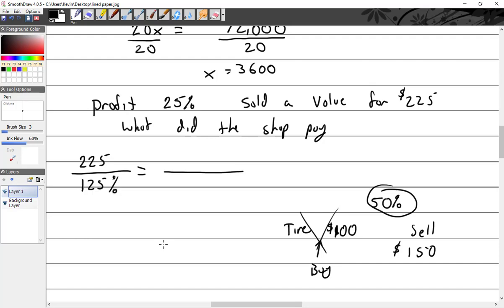Remember, that's a percent. The 225 represents 125% of what I paid the shop, and what we're trying to find out is what 100% is. So what I paid is 100%.